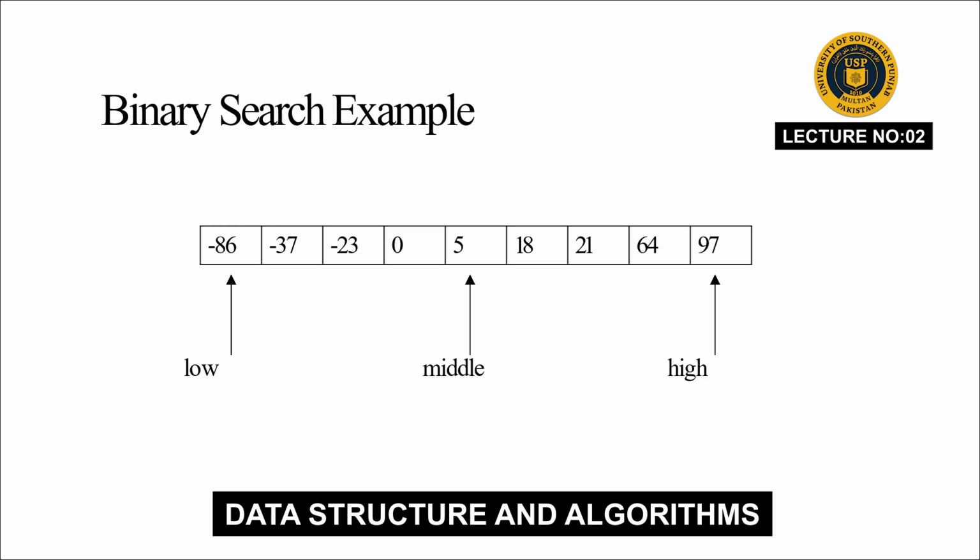Our goal is to find the value 18. Binary search always starts by checking the middle element and then reduces the search range.